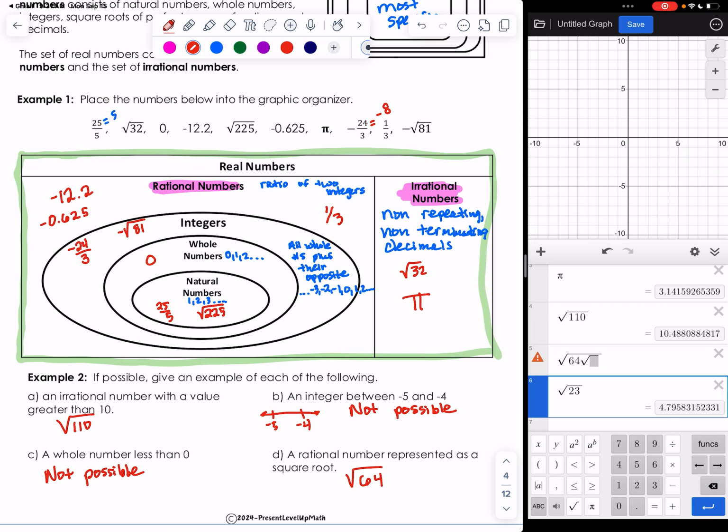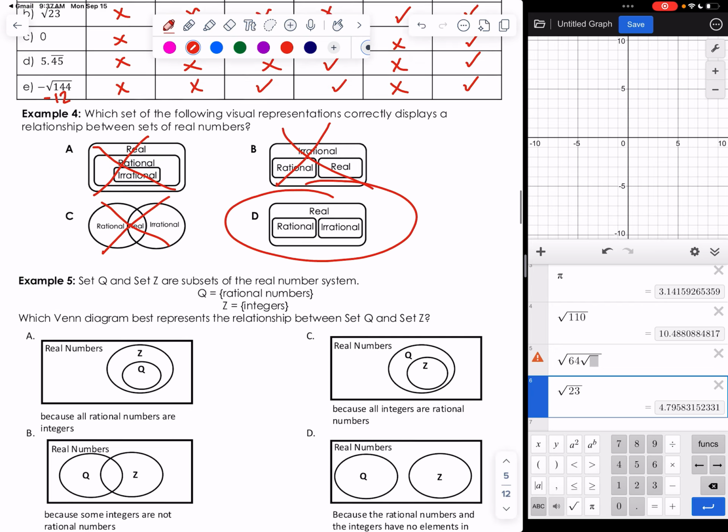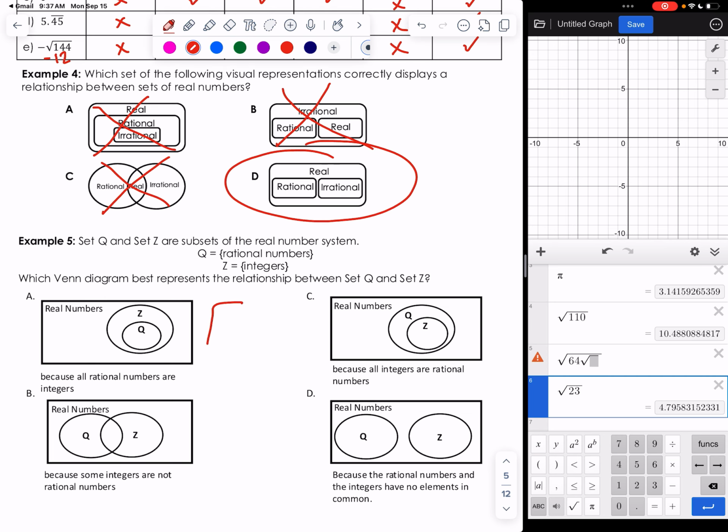Rational numbers was our big category, and integers is a subset of this. So I need something where rational is the big set and integers is a smaller subset. Now in this problem, rational numbers is represented by Q and integers is represented by Z.